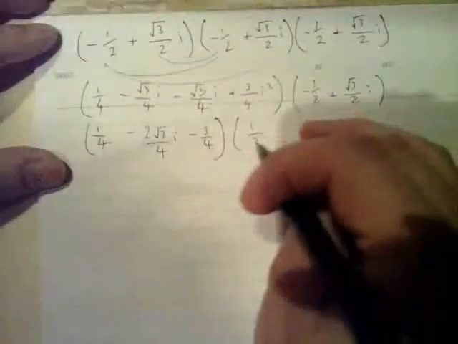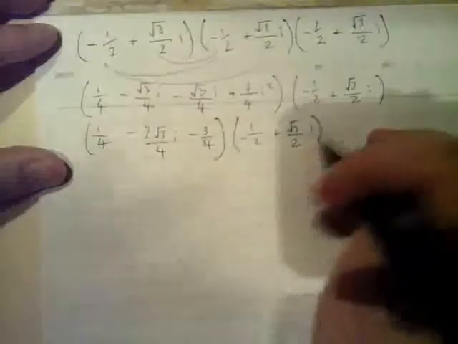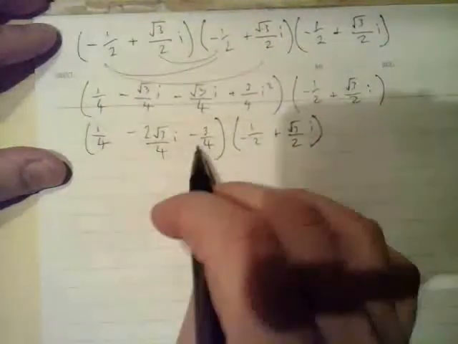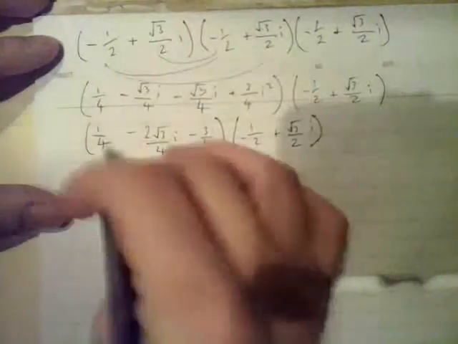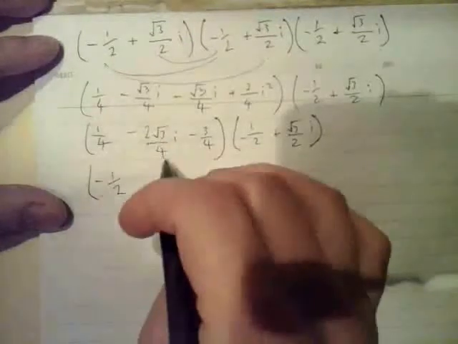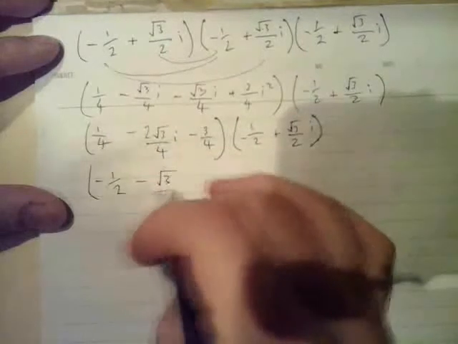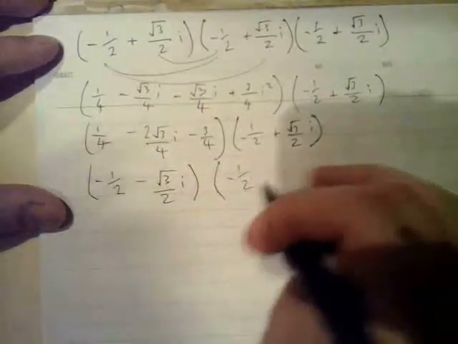And it's still times this -1/2 plus root 3 over 2i. That's still the same, this one. I'm just dealing with this one first. So 1/4 minus 3/4, well, that's -1/2. They're just 2 constant terms, and I've got this term here, which 2 over 4 is 1/2, so it's minus root 3 over 2i.